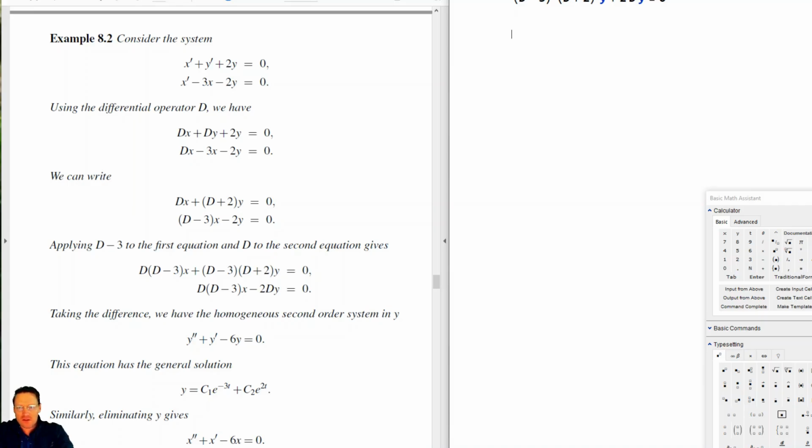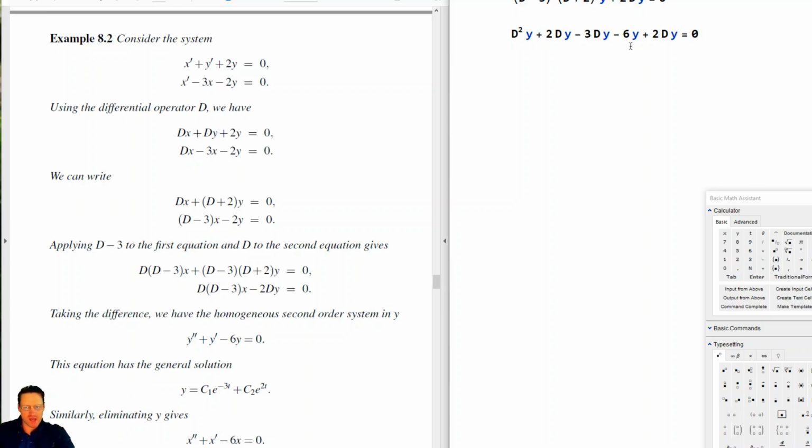So two of the D's operating together gives us D²y, and then we have plus 2Dy, then we have minus 3Dy, then we have minus 3 times 2, minus 6y, and then plus 2Dy equals 0.